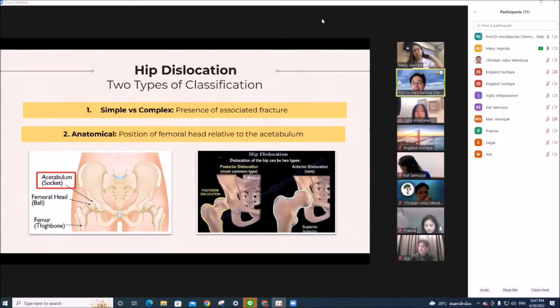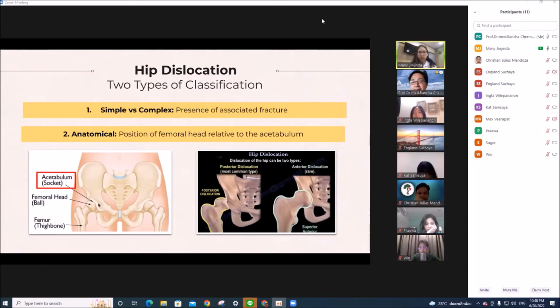For hip dislocation, there are two ways to classify the types. Like every other dislocation we've learned about, there's a simple versus complex classification, where if there's an associated fracture, it's classified as complex. But for the hip, there's also the anatomical classification.